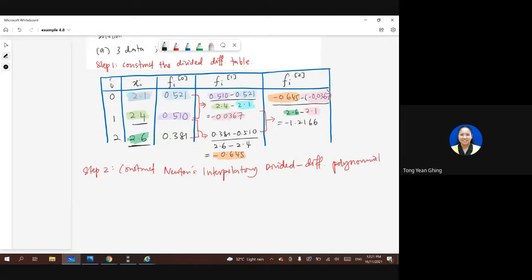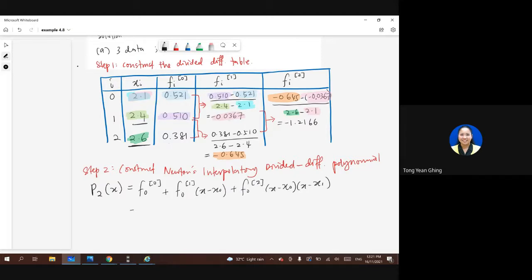So that means here P2. Okay, sebab n is 2 now. P2 of x equal to f0 0 plus with f0 degree of 1 times x minus x0 plus f0 second degree times x minus x0 x minus x1. So this is a formula.